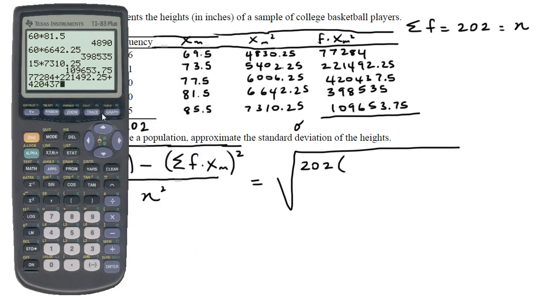I don't remember. I'll say 0.5, and if anything, we'll add something or subtract something from it. Plus 398535 plus 109,653.75. So my sum is 1227402.